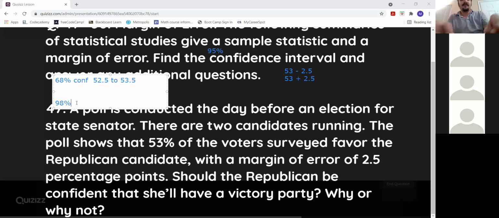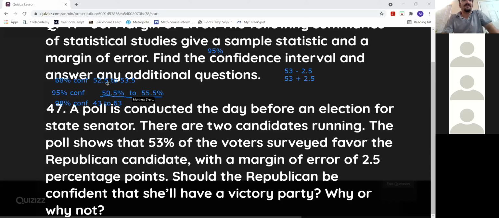But if I want to be more confident that I'm going to capture it, I'm going to have to get a larger interval. So let me go maybe 10 on both sides, 43 to 63 or something. So there's a certain trade-off depending on how confident we want to be. If we want to be really confident, we're going to get a really, really large range of numbers. If we want to be not so confident, we're going to get a smaller interval here.